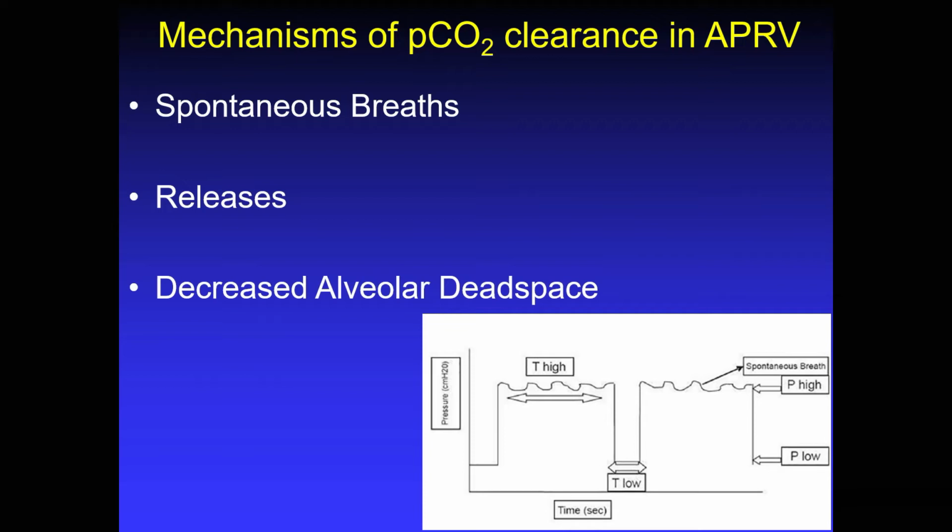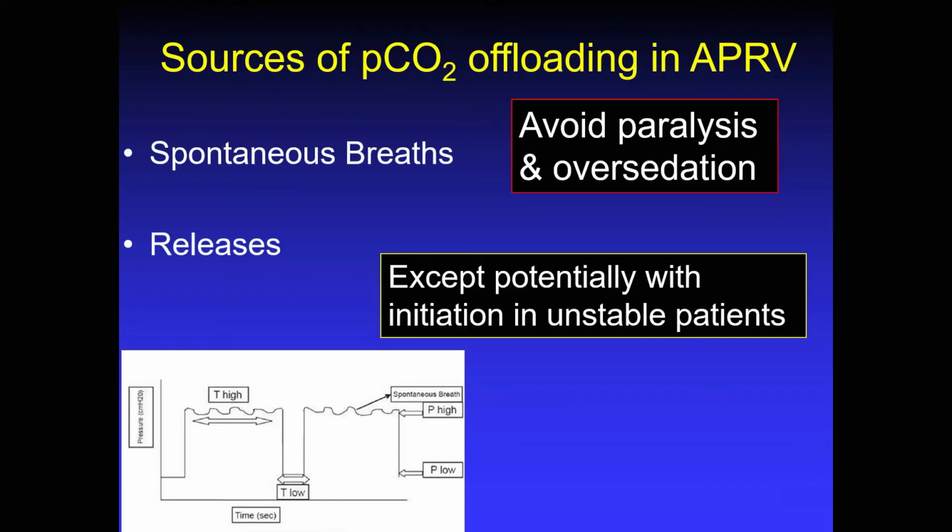This again relates to a greater number of alveoli being available with recruitment for CO2 offloading as the lung is recruited, and therefore the dead space is significantly diminished. As the lungs are recruited, this has an increasing effect to the point where ultimately the releases are no longer needed and the patient's ready for CPAP, during which mechanisms 1 and 3 are sufficient for CO2 clearance. So again, spontaneous breaths, releases, and then decreased alveolar dead space.